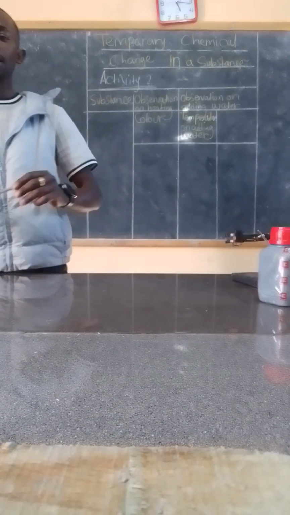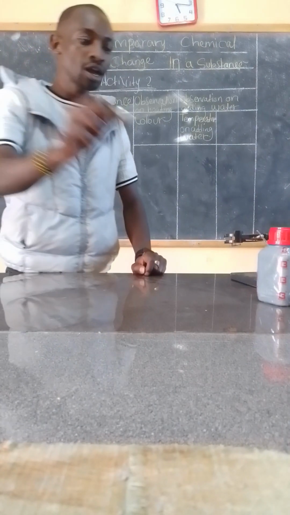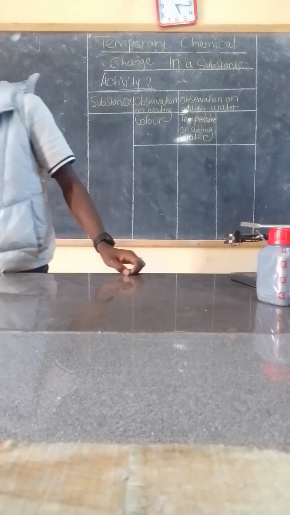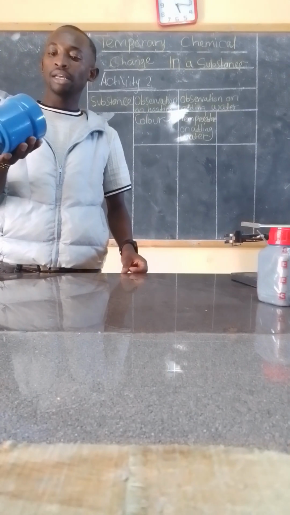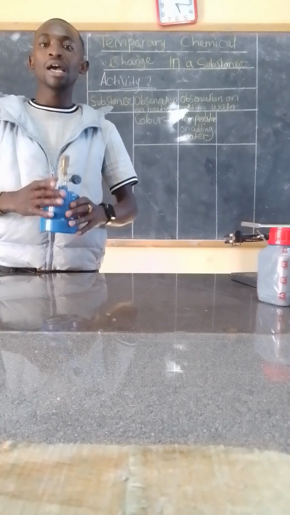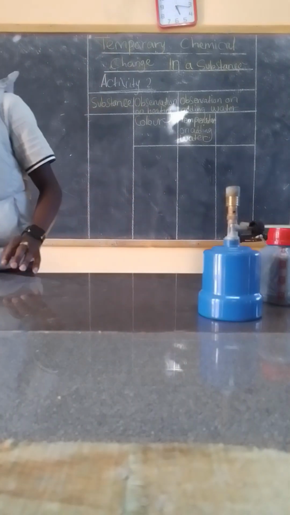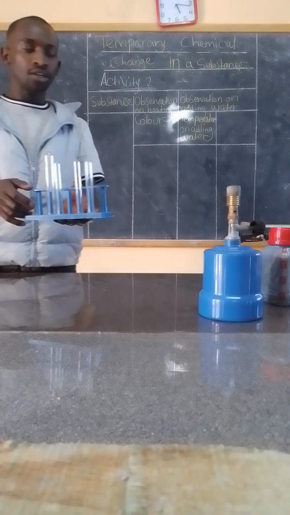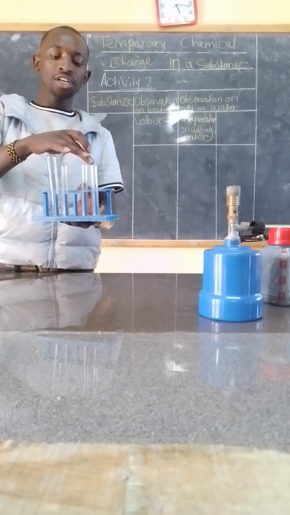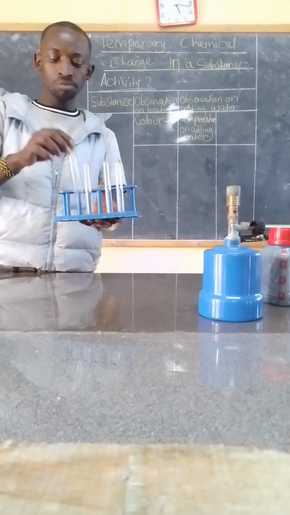You require an apparatus like this one by the name a spatula. You will be required to have a source of heat, and for this case you are going to use a portable Bunsen burner. You require a test tube rack, and on it there are 3 test tubes and 1 boiling tube.